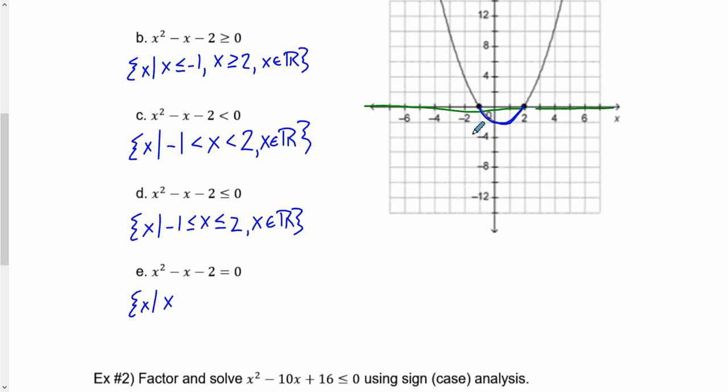Where is it actually equal to our x-axis? It's right there and right there. So we say it's actually at -1 and 2. There's our brace.